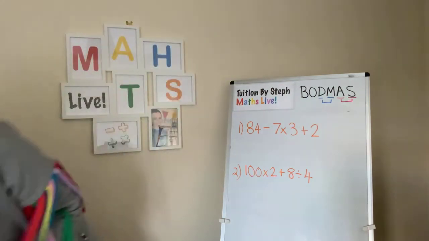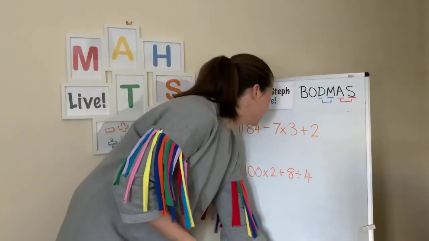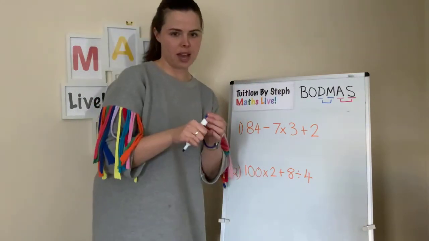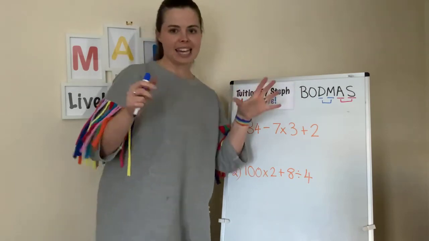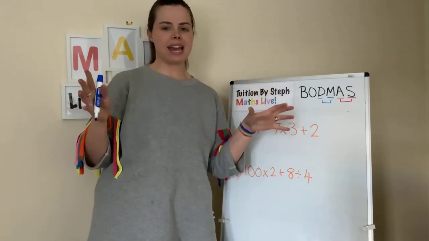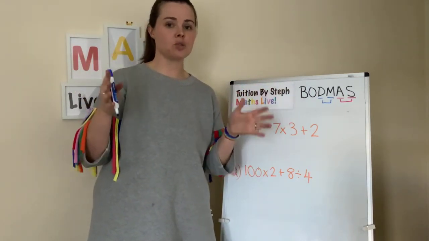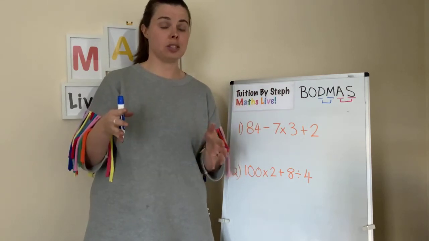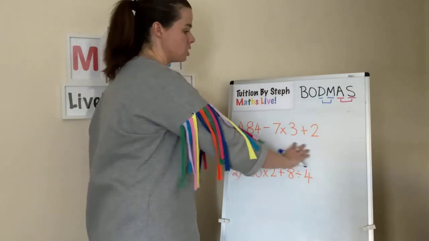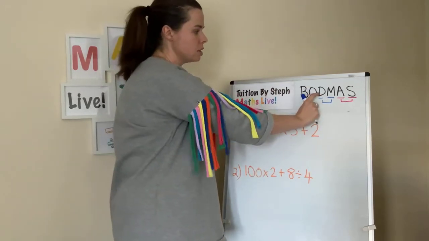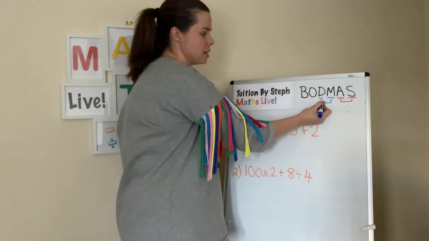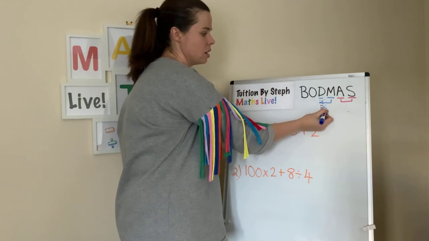Right, so I've got lots of answers. Let's go through it. What we're learning about is that Achilles, that Lara's told us about, decided that there's a certain order that we need to do calculations in. If you're given a calculation like this, you can't just work from left to right, because in BODMAS, this means division.